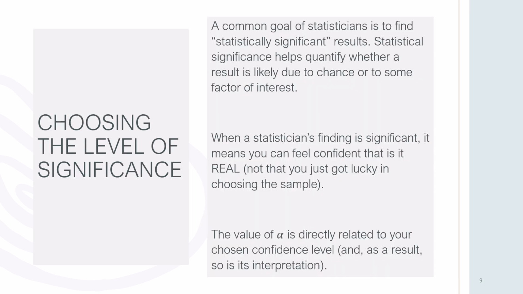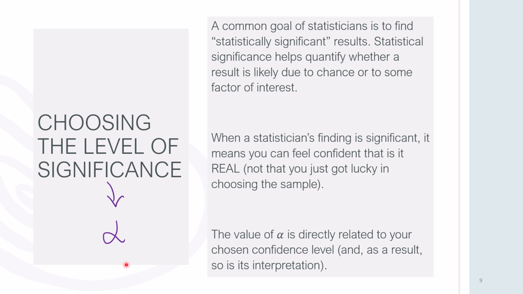All right, so how do we choose our level of significance, which again is called alpha? Alpha is the probability of making what we call a type 1 error. We'll get into that later. But you can think of it as this is the chance of making a mistake. So you want your alpha level to be low, because you don't want to make a mistake.